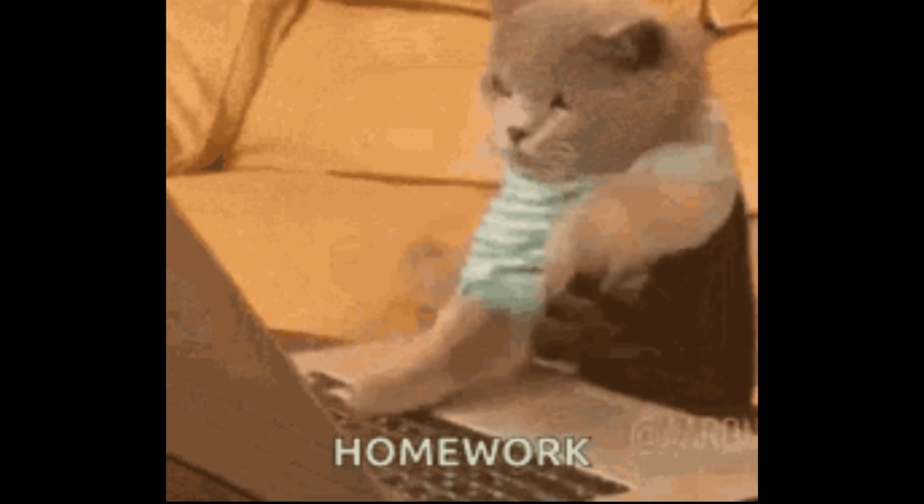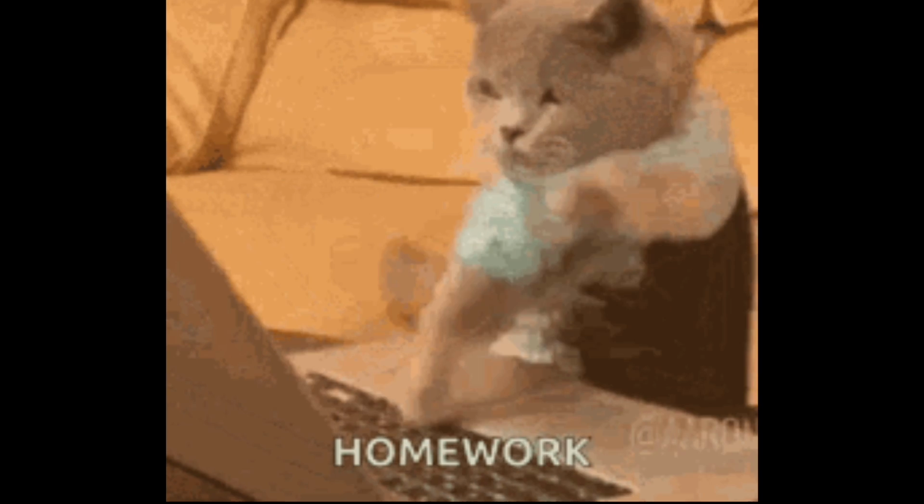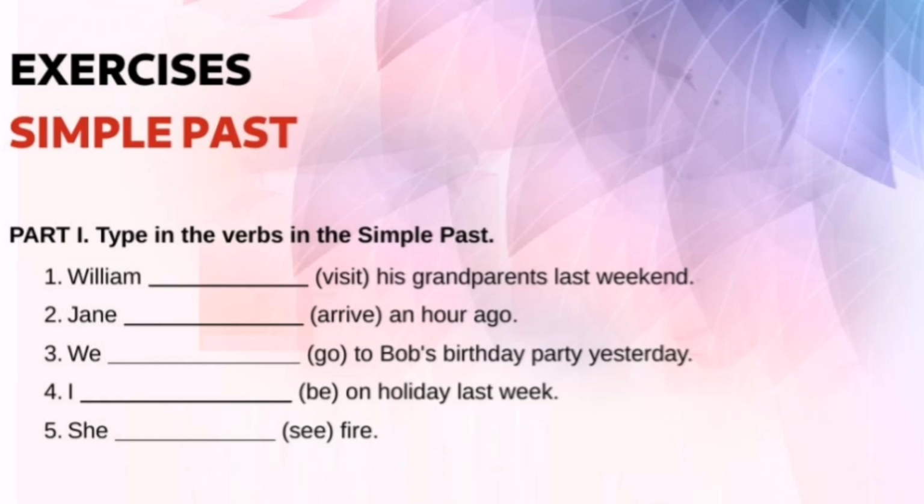Now time for your assignments. Here are some exercises. Type in the verbs in the simple past. You have some verbs in the base form. You're going to put them into the past simple tense.